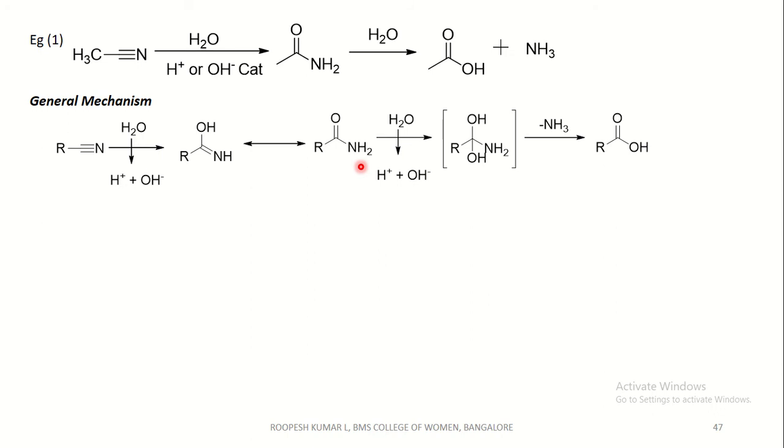Again this reacts with one more equivalent of water, that is, this OH minus attacks here and this double bond takes a proton to form a diol, and again this lone pair on oxygen shifts to form a double bond with the elimination of an ammonia molecule to form the corresponding carboxylic acid.